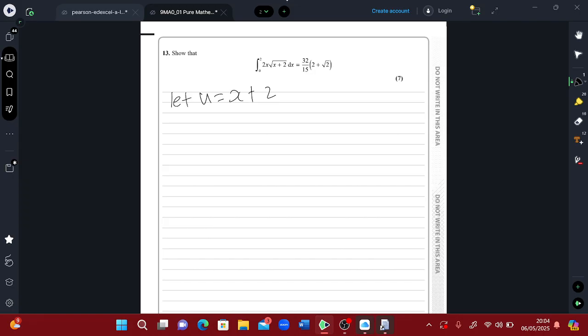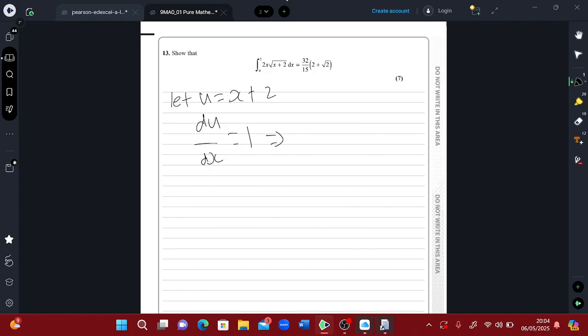With substitution, especially with limits, you need to firstly, on autopilot, work out the derivative. So du dx is going to be 1, and then just convert every piece. Every piece of information here is in the x world, and we need to convert everything to the u world. Everything needs to be in terms of u, not x.